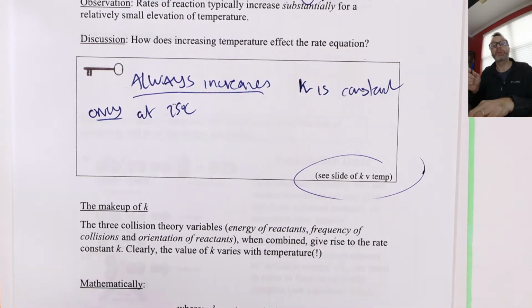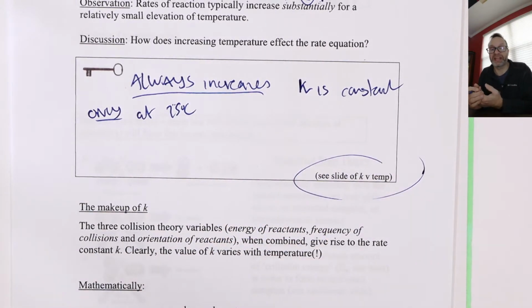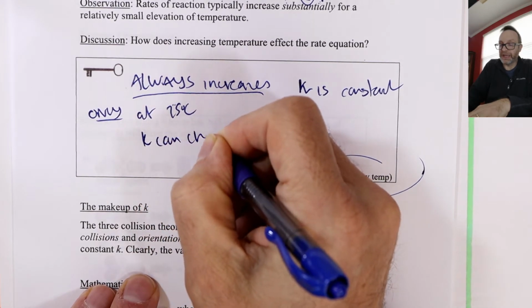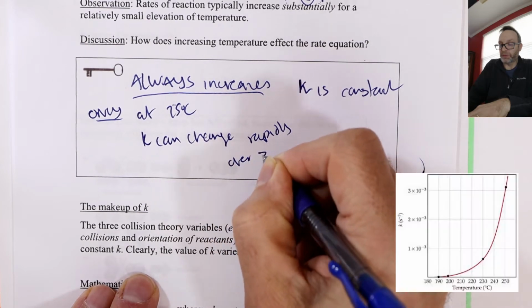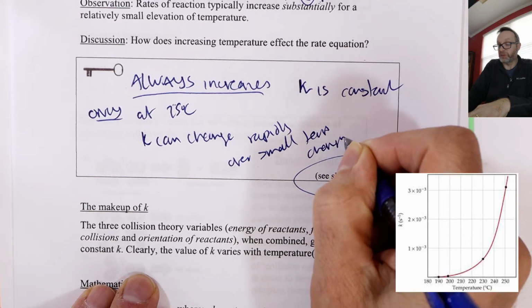Now we're going to do experiments where we keep the concentrations fixed and change the temperature and look at rate. Okay, so if you increase the temperature, you will always increase the rate of reaction, more collisions per second, and as we'll see in a moment, more molecules moving faster, having that activation energy or higher. Okay, so K can change rapidly over small temperature changes or ranges, right?